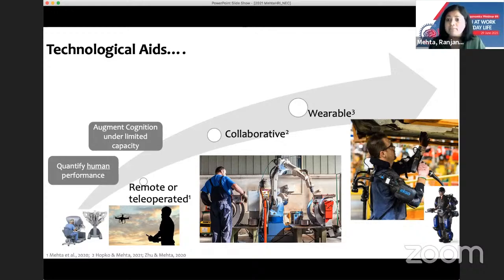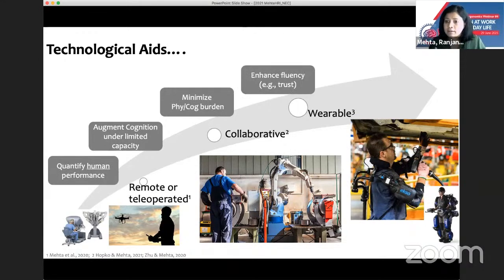So how would these technological aids help us understand and potentially improve our cognition? How would these technological aids reduce their own emerging risks or burdens? With every new technology, there are emerging risks. But what we don't want is any intervention creating a new set of risks or hazards. So how do we minimize that in the design of that technology?